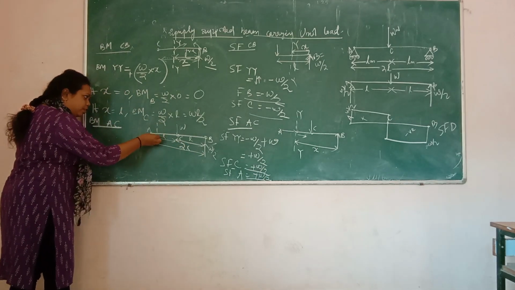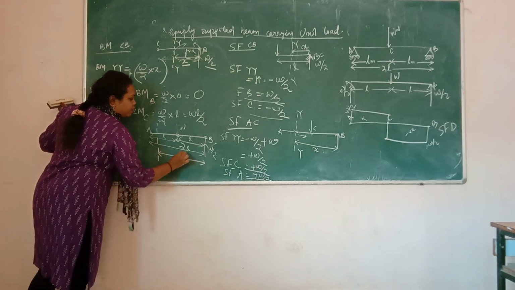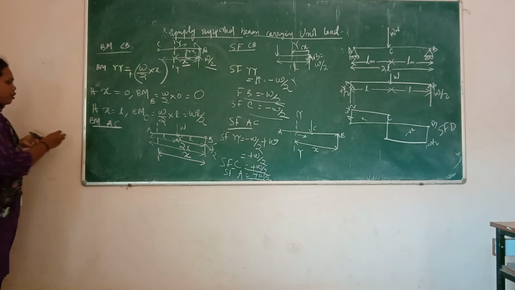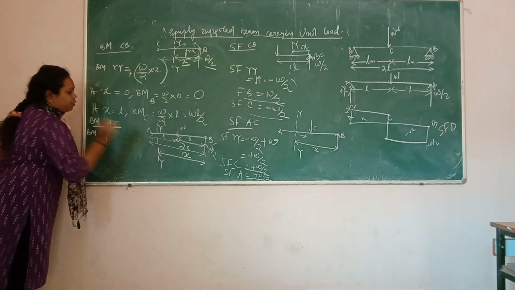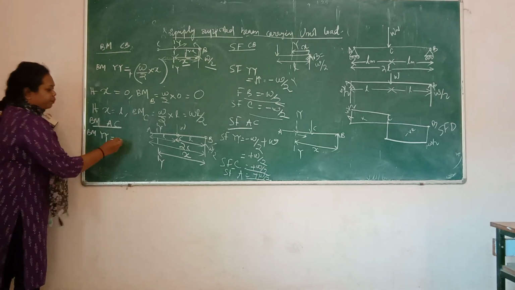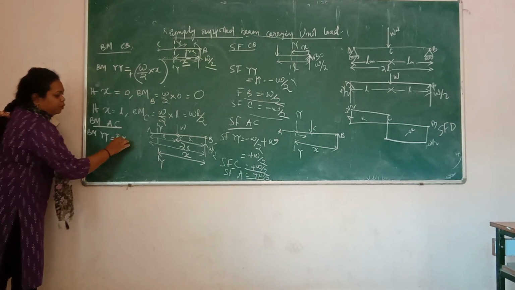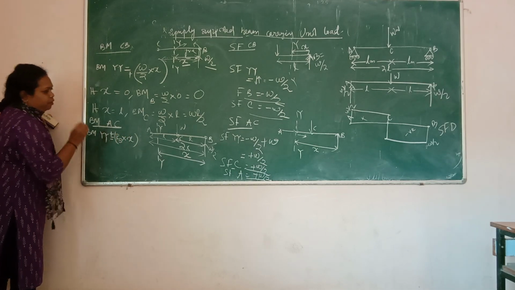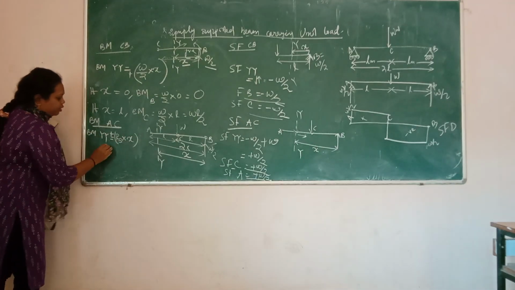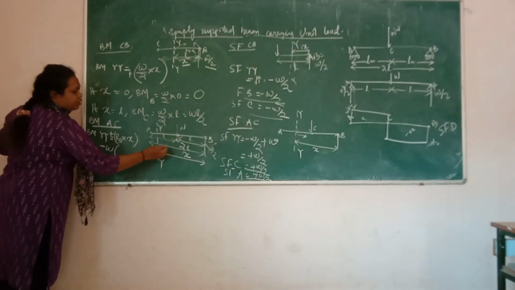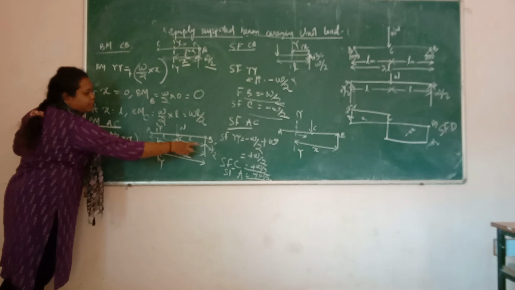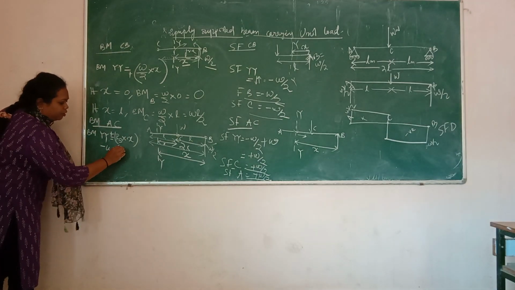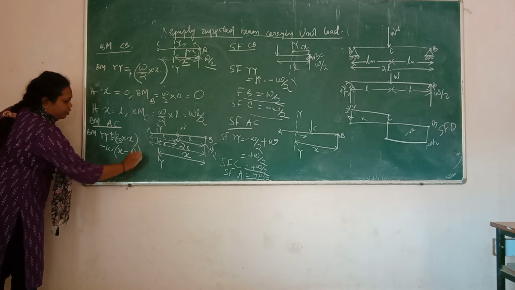Now draw an imaginary line in between A to C, which is at a distance x from point B. So now bending moment at y means this line, y, that is equal to RB into x, this one is positive, minus this one is W, and distance is, we need this distance, total is x, this one is L. So W into x minus L.